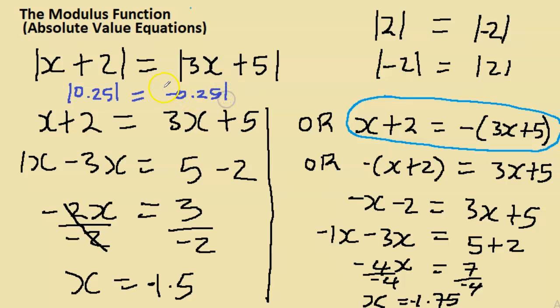Modulus of that. Which means the left hand side is the same as the right hand side, because the modulus of 0.25 is 0.25, and the modulus of negative 0.25 is the same 0.25. So both the left hand side and the right hand side equal 0.25. So these solutions are okay.